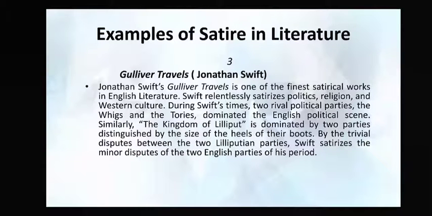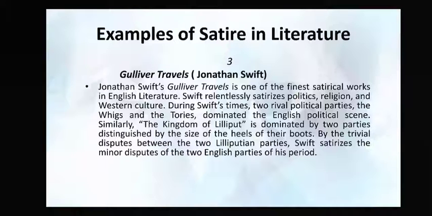Then again, we have another very popular, famous, and well-known work by Jonathan Swift, which is Gulliver's Travels. This is one of the finest satirical works, the most quoted in English literature, because Swift relentlessly satirizes politics, religion, and Western culture. During his times, there were two rival political parties, the Whigs and the Tories, which dominated English politics.